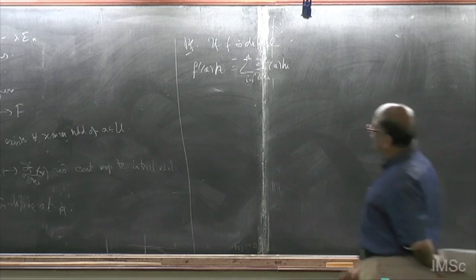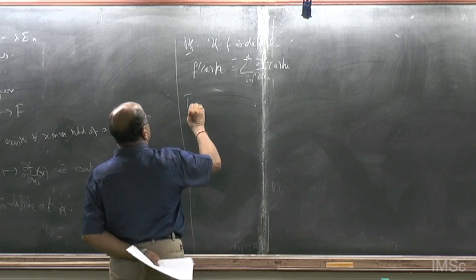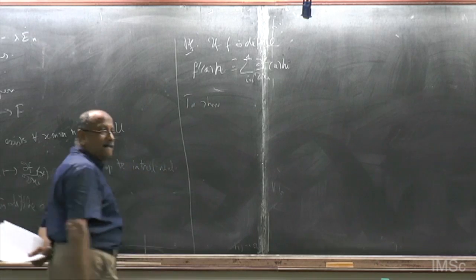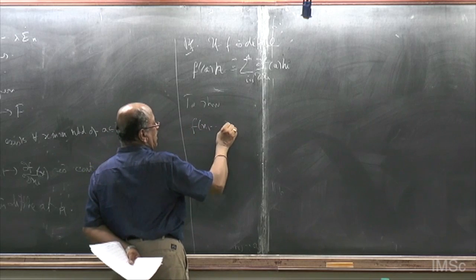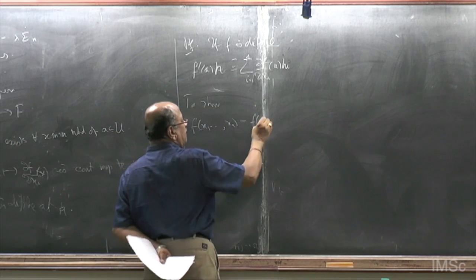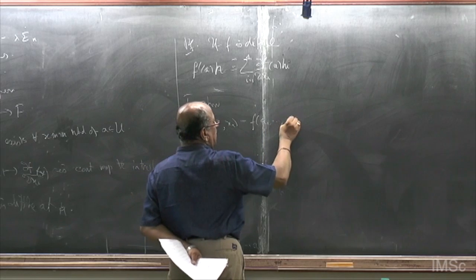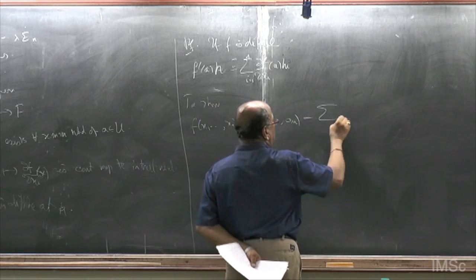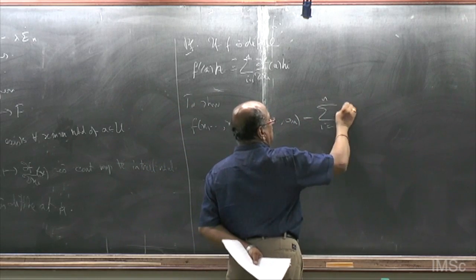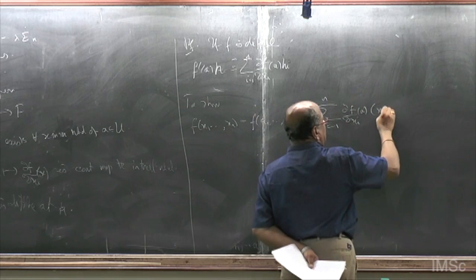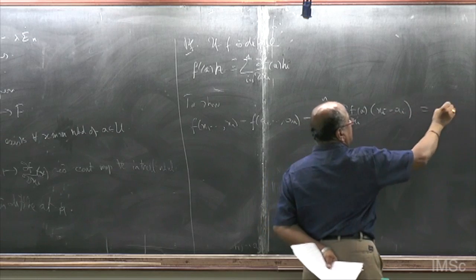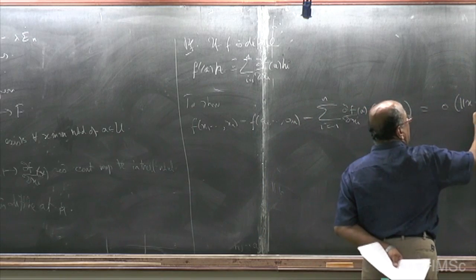So, what must we show? To show f of x1 ... xn minus f of a1 ... an minus sigma i equals 1 to n df by dxi at a times xi minus ai is little o of norm of x.